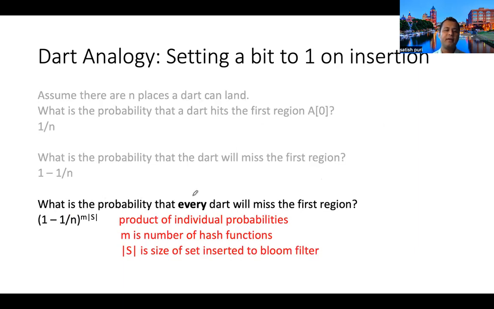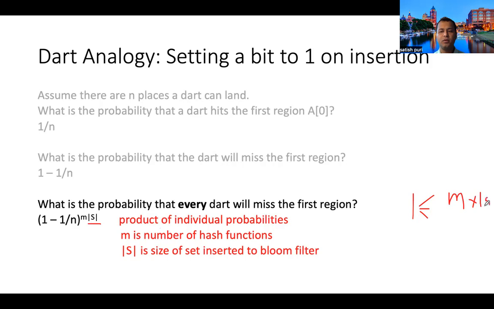What is the probability that every dart will miss the first region? We have to think about how many darts get generated when we insert elements. If you insert one element, you are actually using m insertions, because m hash functions will give you m locations. So for one element, you have m darts. And how many elements do you have? S. That's why m times s darts would be thrown.